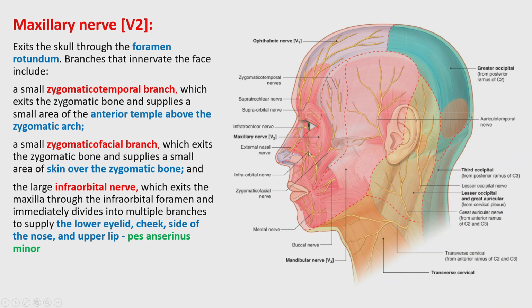This infraorbital nerve is passing through the infraorbital foramen, but before it comes to the infraorbital foramen, it passes through which opening of the skull to the orbit?